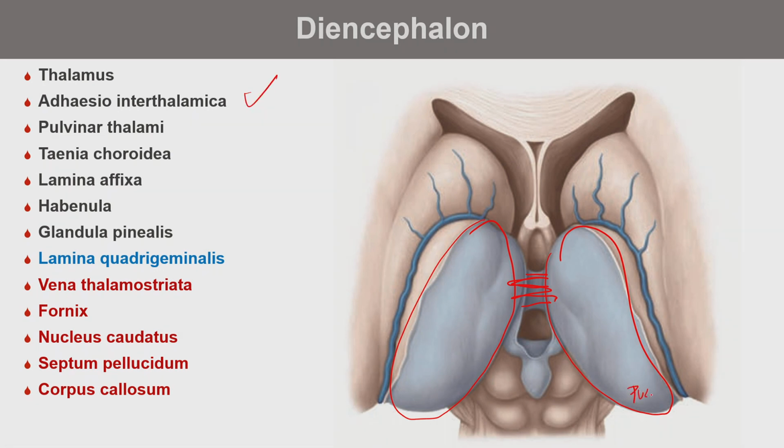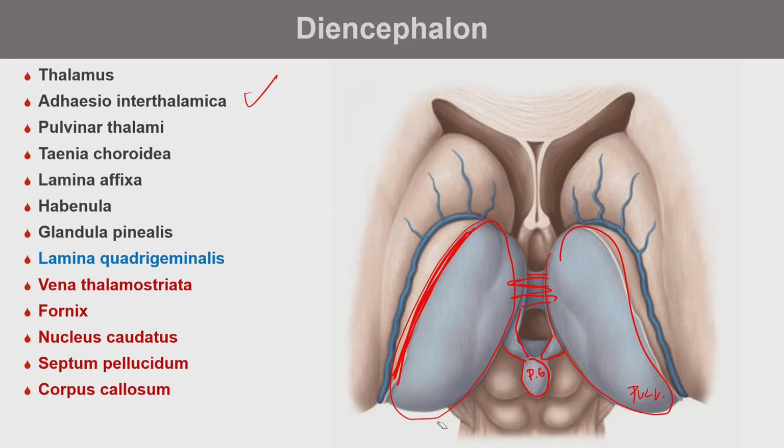Dorsally is a pulvinar, and we can see here the taenia choroidea, the line on which is hanged the third ventricular roof, on which is placed the choroid plexus. In between the thalami, we can see triangular structures which are called habenula, hosting habenular nuclei. And dorsally, the last one, the impaired, is the pineal gland.